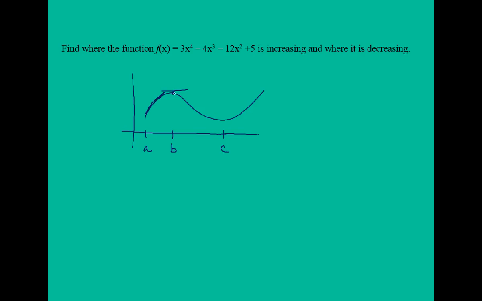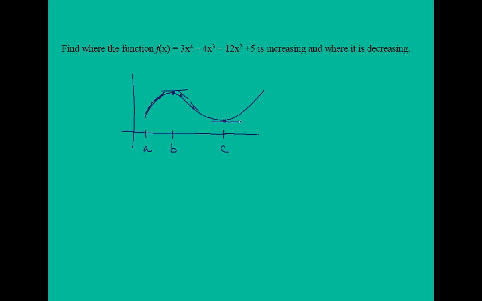Now, when we hit 0 here, we can see that if we proceed from B to C, the slope of the tangent lines are now negative. And when we get to C, again, the slope of the tangent line equals 0.